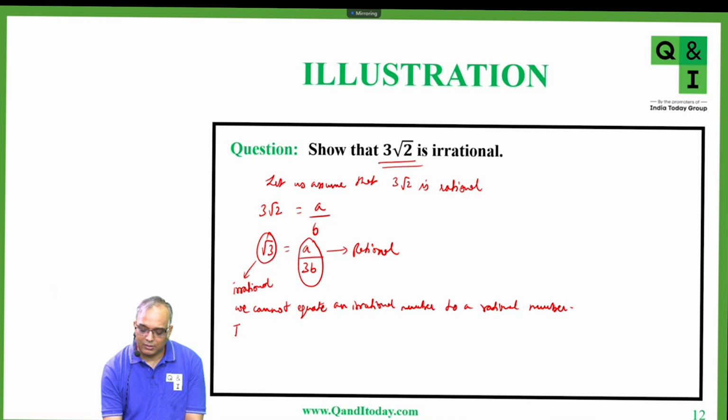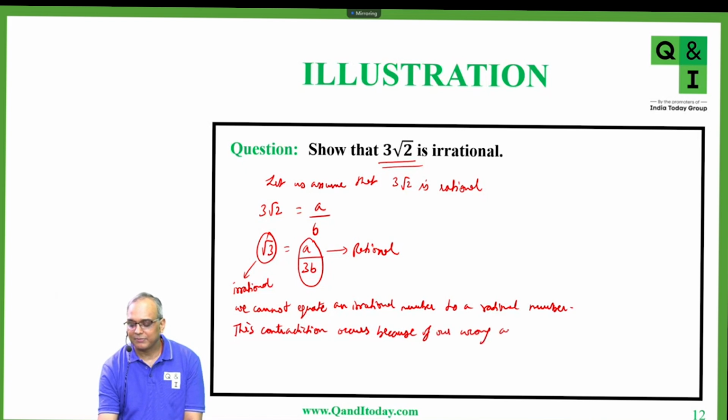So this contradiction occurs because of our wrong assumption. Right? What is our wrong assumption? That 3 root 2 is rational. This implies 3 root 2 is irrational and not rational.